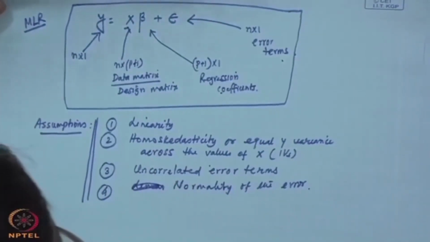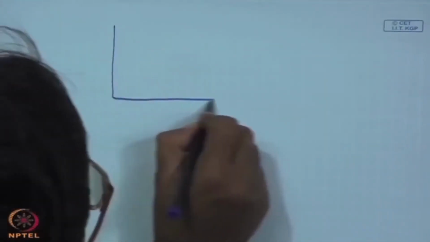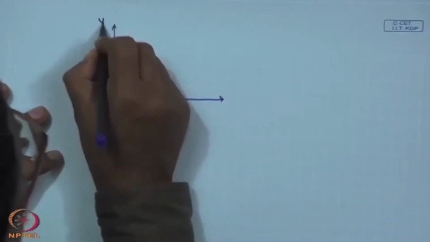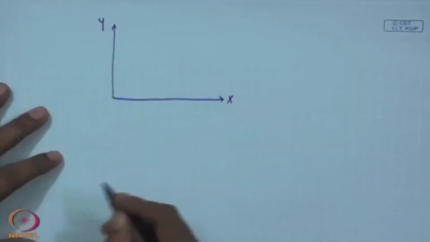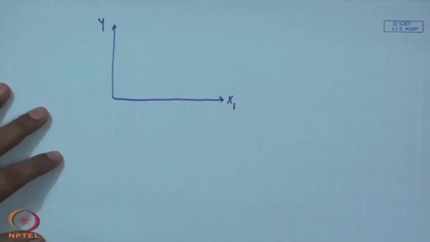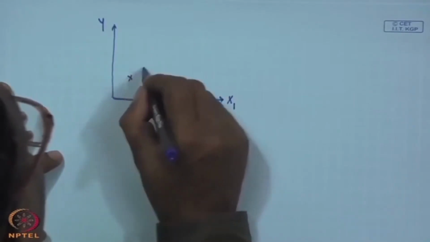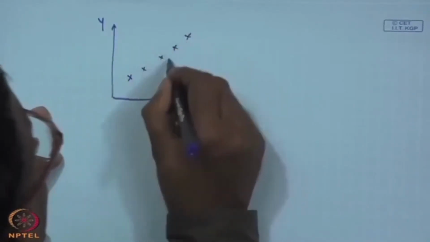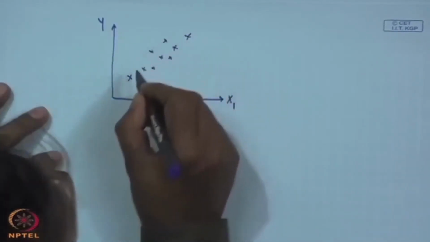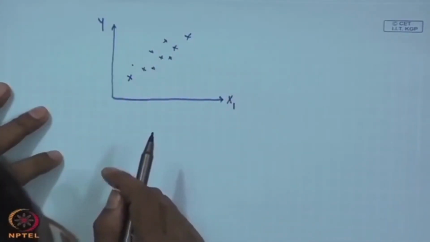So first understand what is linearity. Consider your relationship y versus x. For example, it is x1. When you plot the data, suppose you get this type of relationship.